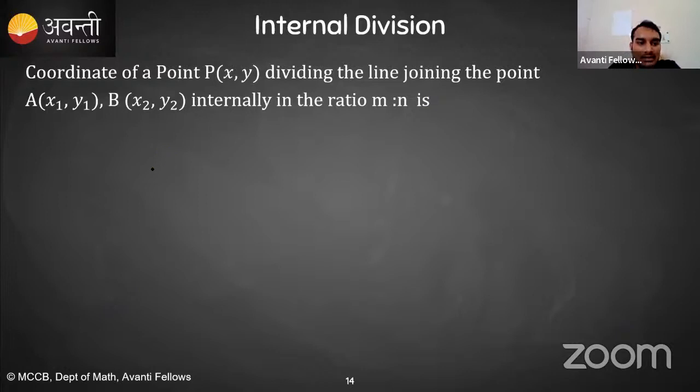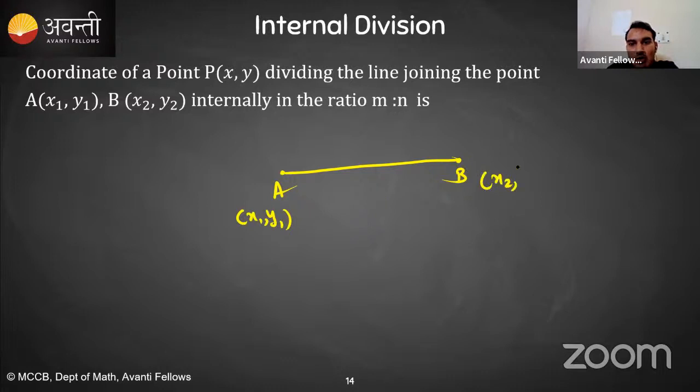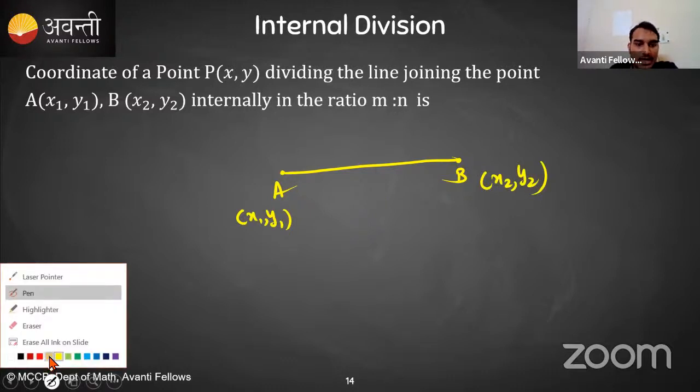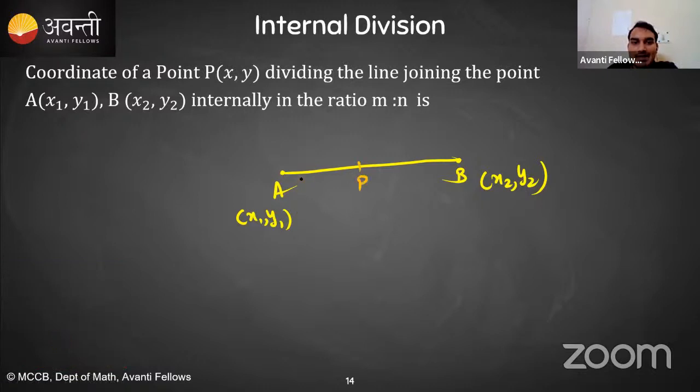Let's say A and B are two points, A is x1 comma y1 and B is x2 comma y2. Any point P dividing AB internally means P should be between A and B. That is the meaning of internal division, right? I think it is understood from the name also.